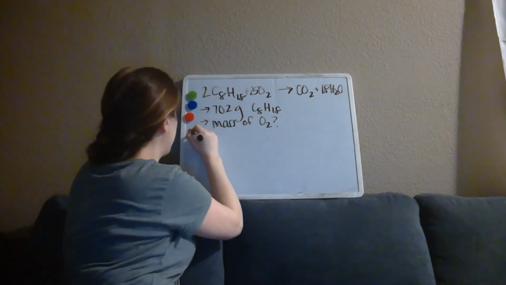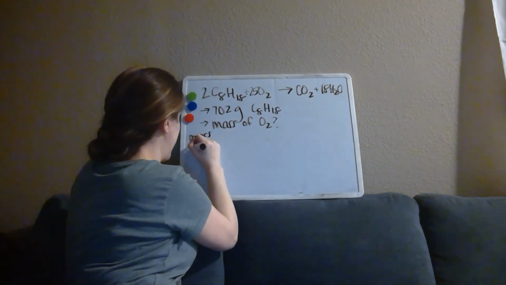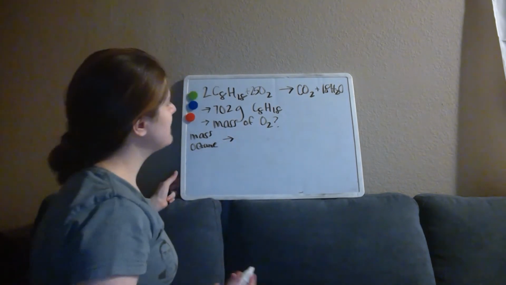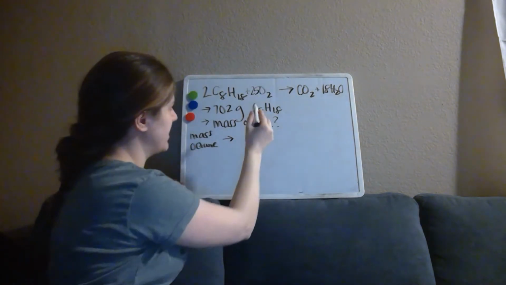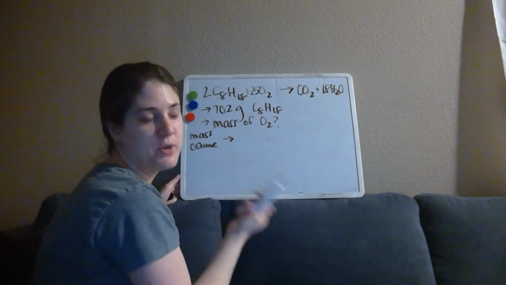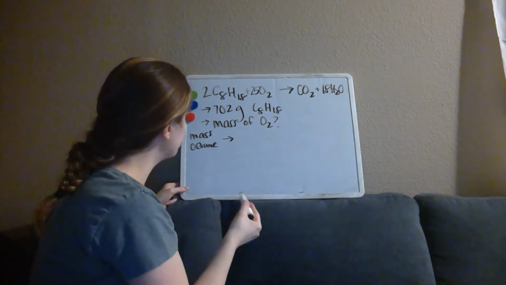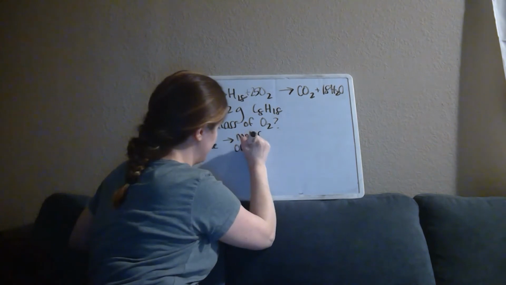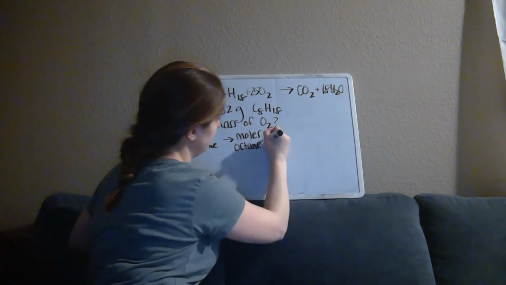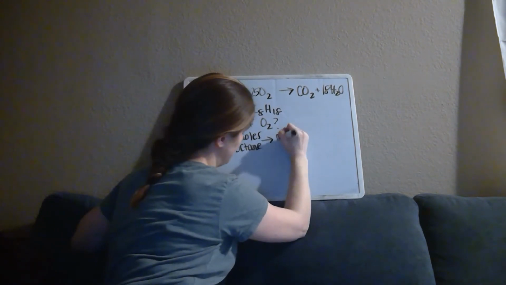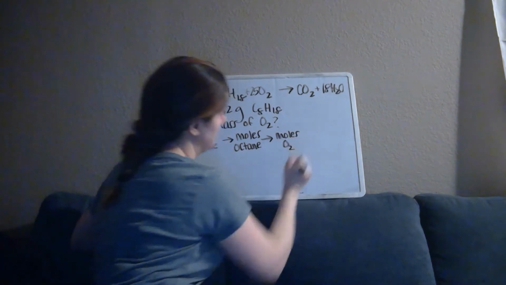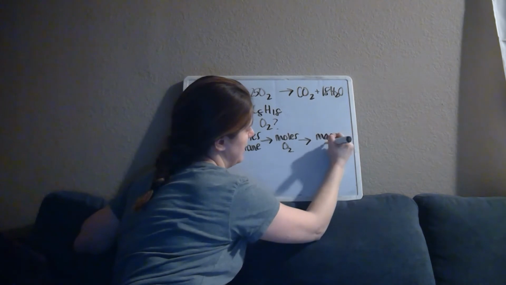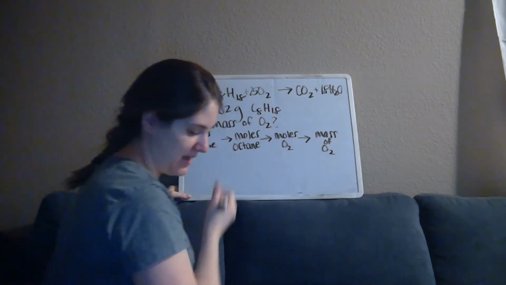So we're going from mass of octane. Now we want to figure out something that has to do with oxygen, and so we'll need to use that stoichiometric ratio, and that involves moles. So we'll then need to convert to moles of octane. Then from there we can get to moles of oxygen, and then from there we can get to the mass of oxygen.